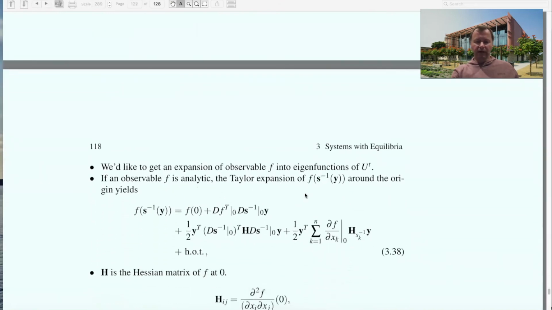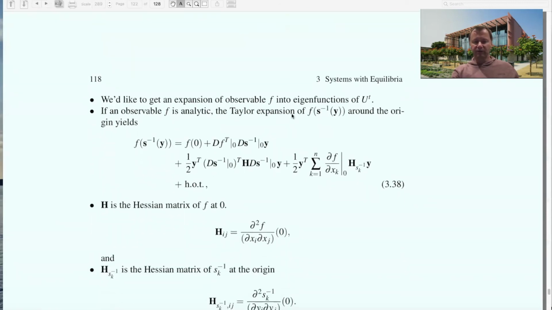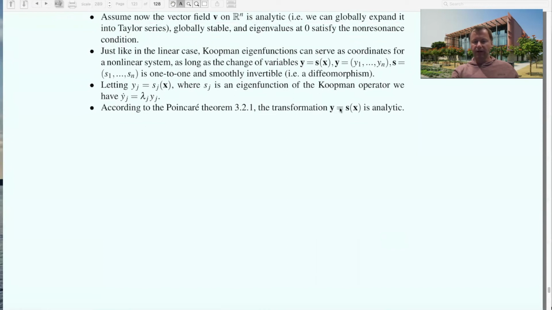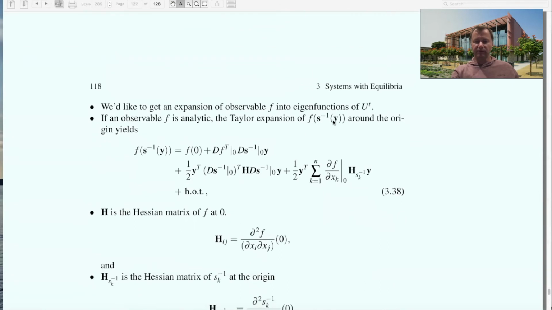So now we'd like to find an expansion of an arbitrary observable into eigenfunctions of the Koopman operator. So if such an observable f is analytic, let's perform the Taylor expansion of f, whose argument now we are going to take to be S inverse of y. So look at the change of variables here. y is S of x, so x is S inverse of y. So we're going to do an expansion in terms of f of x, but we're going to replace x with S inverse of y.